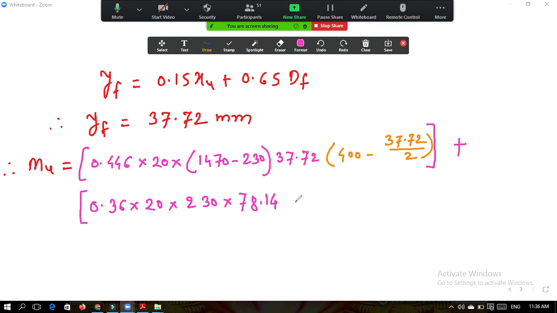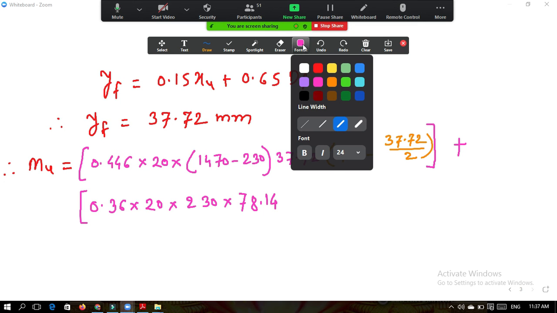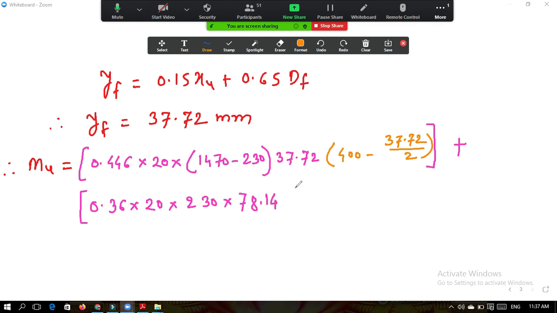This is the value of XU. So now it is D minus 0.42 XU, again the lever arm. So here D minus 0.42 XU is 400 minus 0.42 into XU, 78.14. So if you complete this bracket and solve, you will finally get the value of Mu.